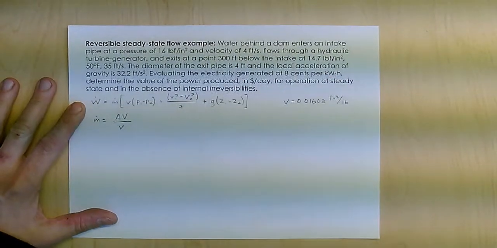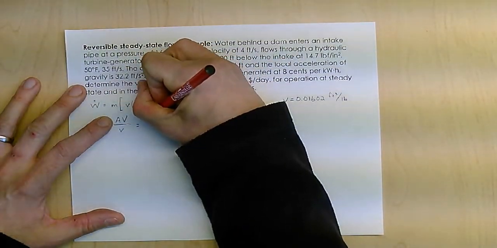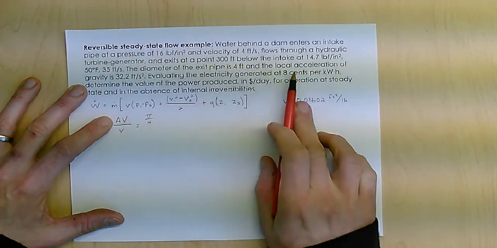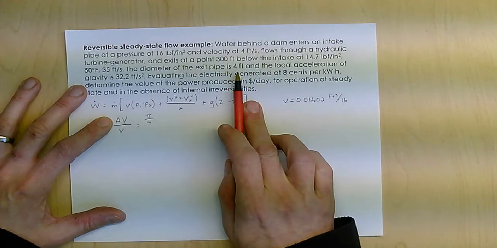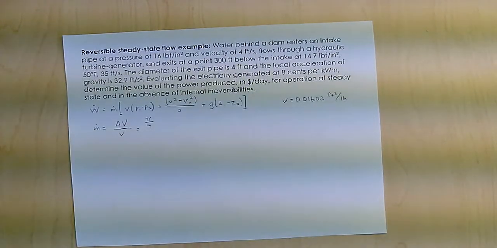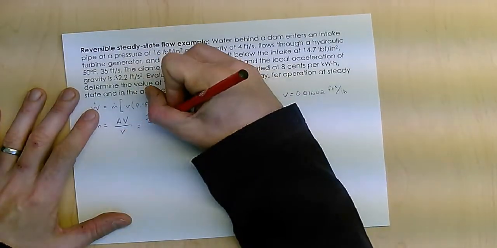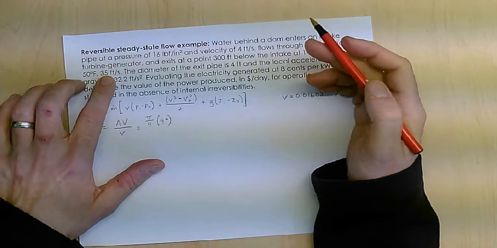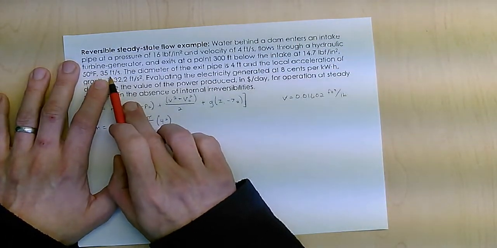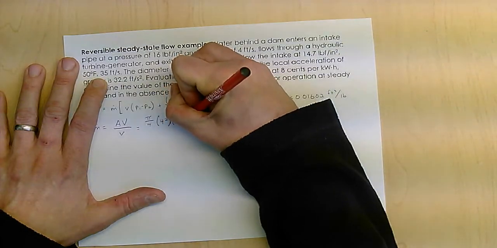So to do this, I have my area, which is pi over 4 d squared, where d is given as 4 feet. Is it not? Double check. Yes. So pi over 4 d squared, times, down here I'm doing the exit, 35 feet per second.